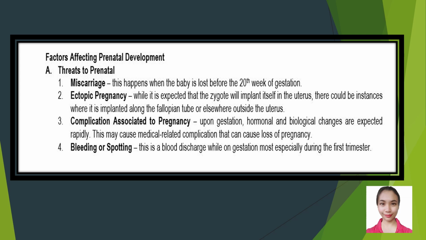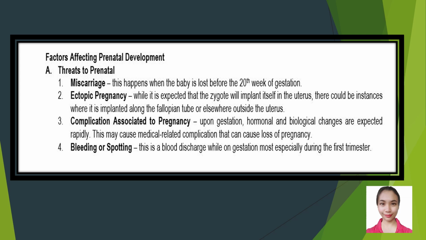But in some cases, they may be signs of a problem for you or your baby's health. If you have heavy bleeding, call your healthcare provider right away. Bleeding and spotting in pregnancy don't always mean there's a problem, but they can be a sign of miscarriage or other serious complications.